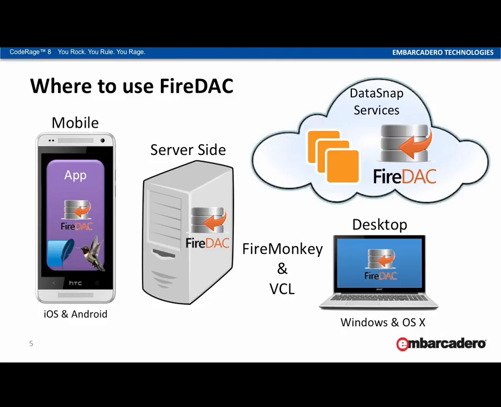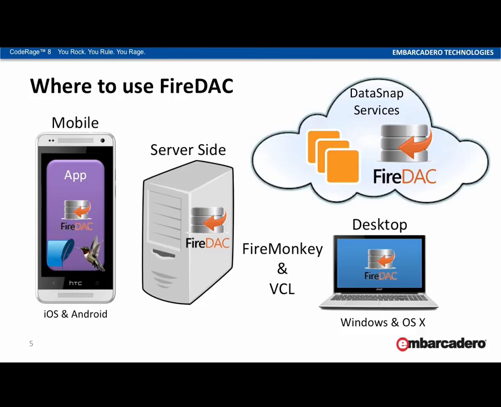Now, in some of these situations, it doesn't make sense to have access to that database. For example, on a mobile device, the only databases you can use are SQLite and InterBase, these embedded databases. So you're not going to be able to use the SQL Server connection from mobile or the Oracle connection from mobile because that doesn't exist. There is no access to those databases from the mobile device.